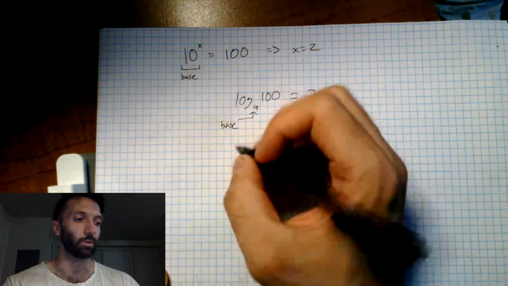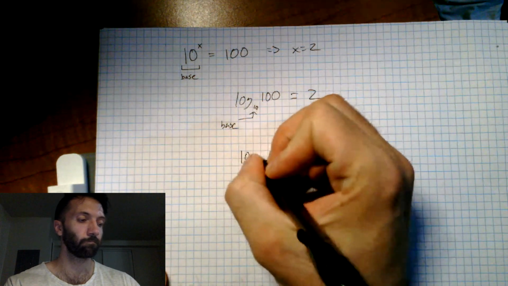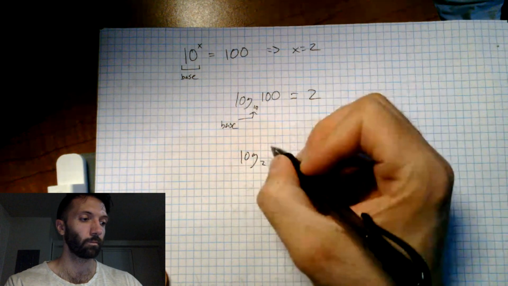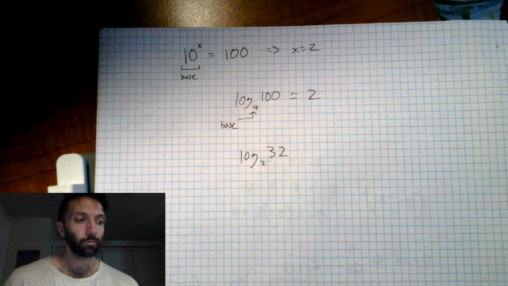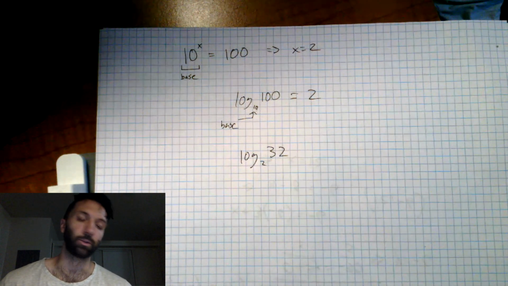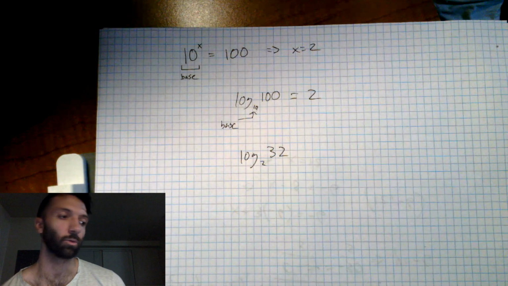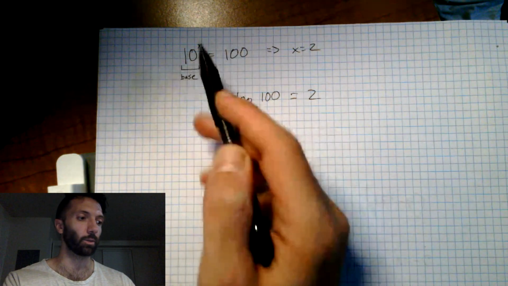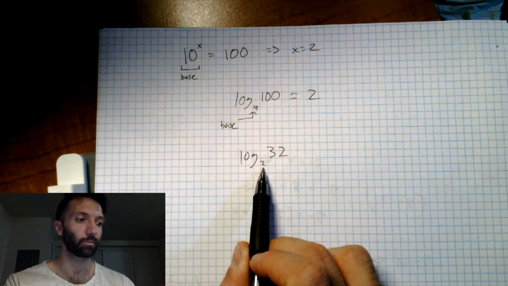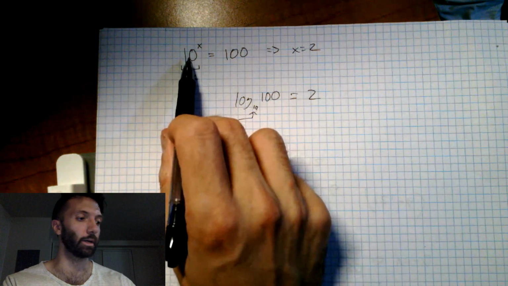So the next one we'll do is something like this. This one says log base 2 of 32, and I want to know what that equals. Again, let's create the situation here. This number is called the base, so that's going to represent this number here.